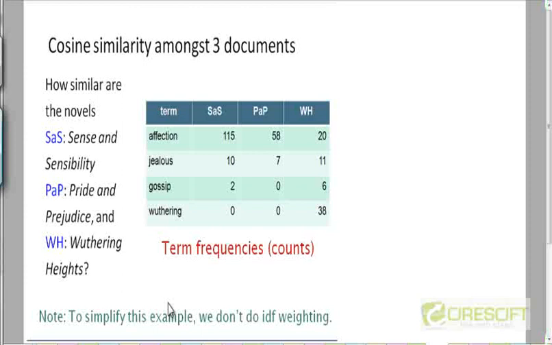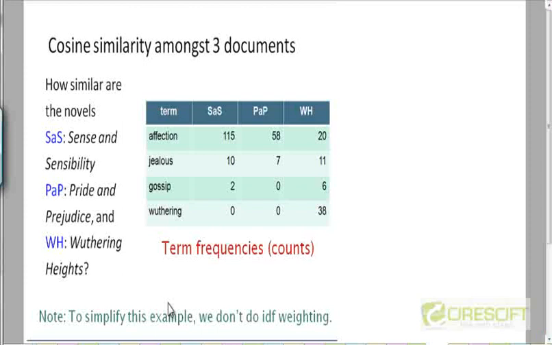Okay, so let's take an example. We have these three classical novels: Sense and Sensibility, Pride and Prejudice, and Wuthering Heights. Let's focus our attention on four terms.